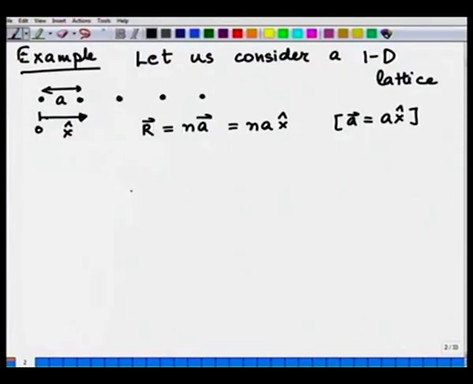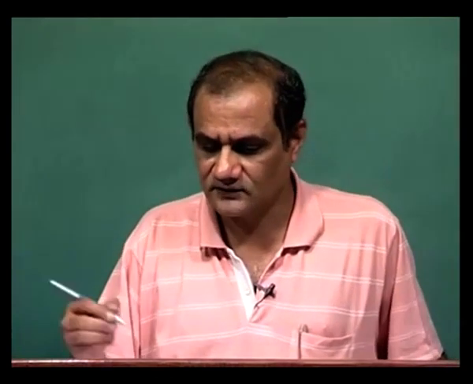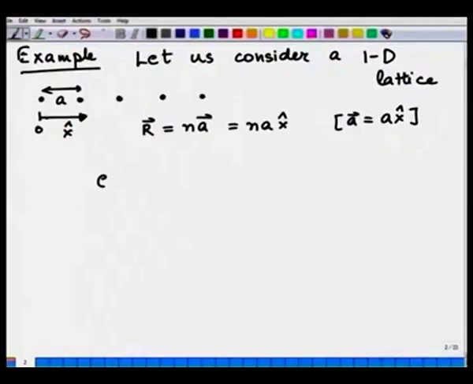If so, let us now find the reciprocal lattice vector. The reciprocal lattice vector of course has the condition that we find a reciprocal lattice vector such that e to the power j k dot r should be equal to 1.